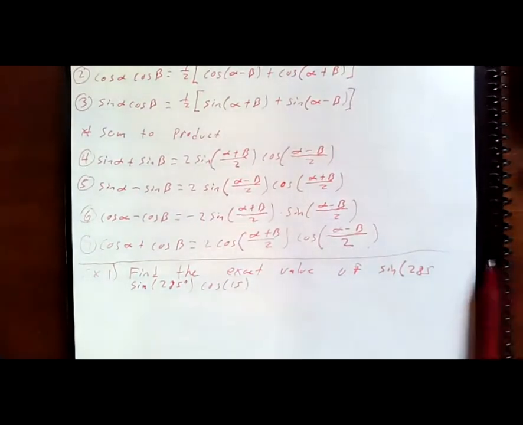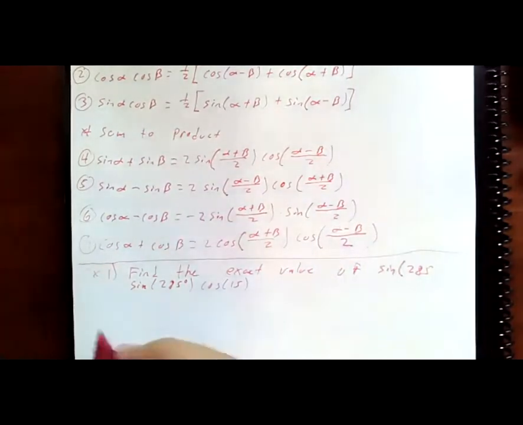Okay, so what do you guys think we should use? Sine A, cosine B. Yeah, sine A, cosine B. So we'll do product to sum and hope they add up and subtract to something useful, right? Because 285 is not on the circle, correct? So let's go ahead and do it. So that'll be number 3.